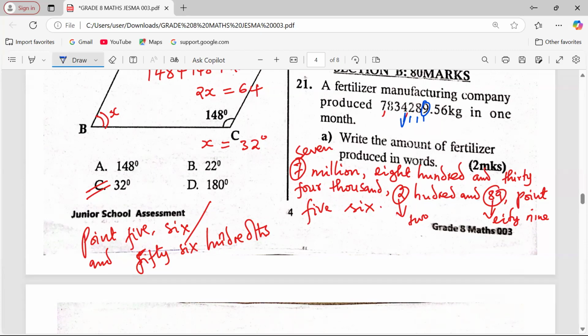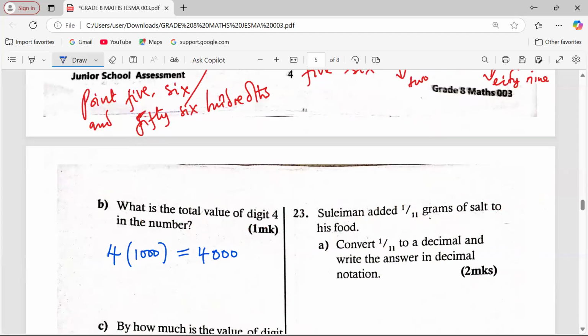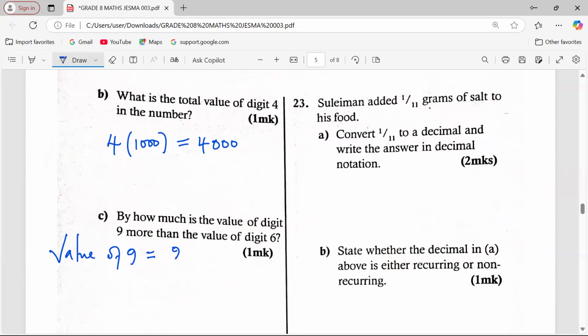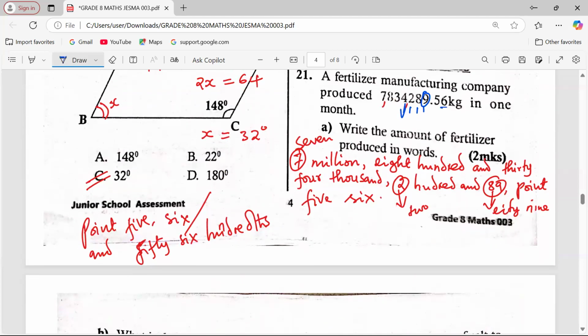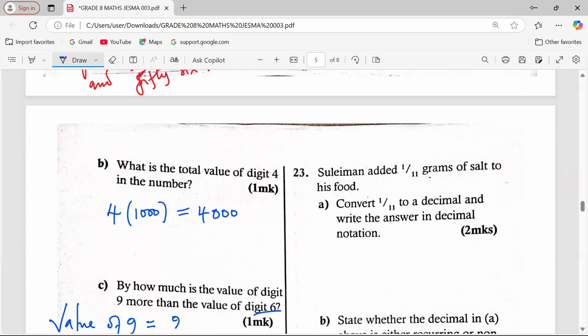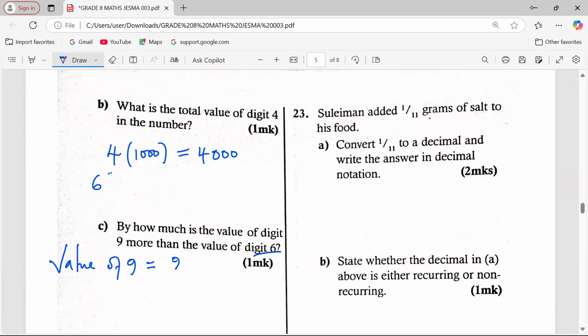Then the other value is digit 6. 6 is in the hundredths position, so it is 6 multiplied by 0.01, sorry for mixing up.